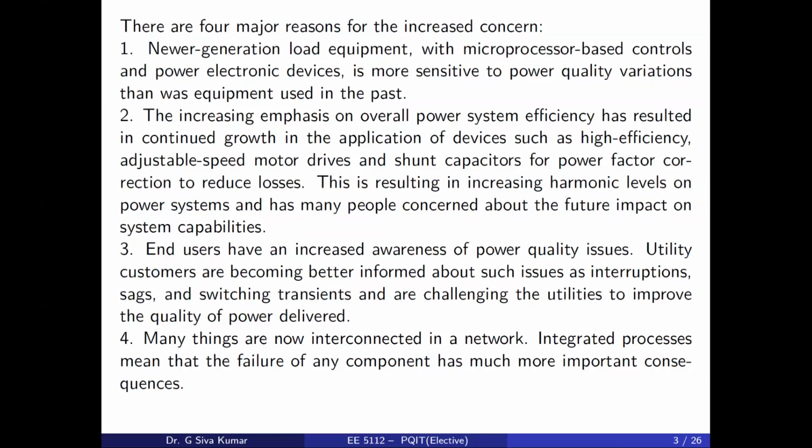Especially when you are going for adjustable speed motor drives, anyway, we will be going to use power electronic devices. Maybe if you take a DC motor drive, we'll be going to have controlled rectifiers also. And if we are going for an induction motor, we are going to use an inverter.